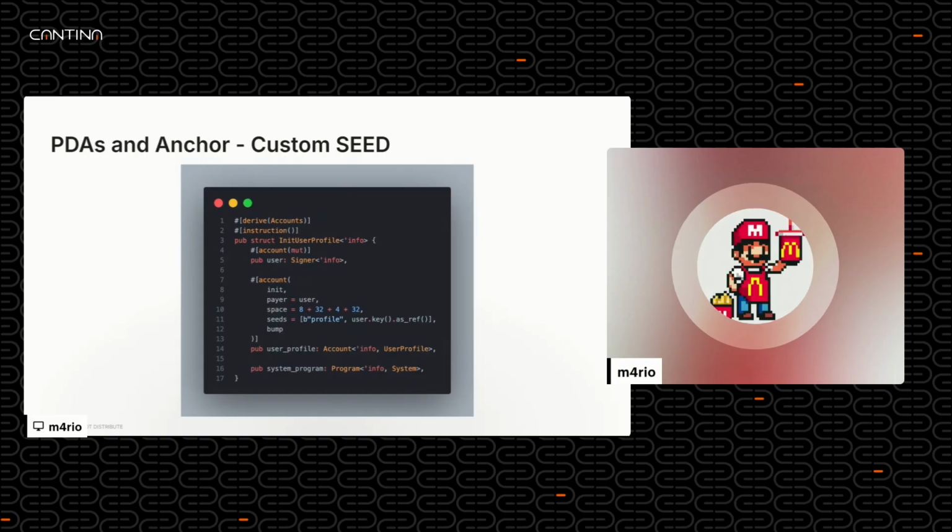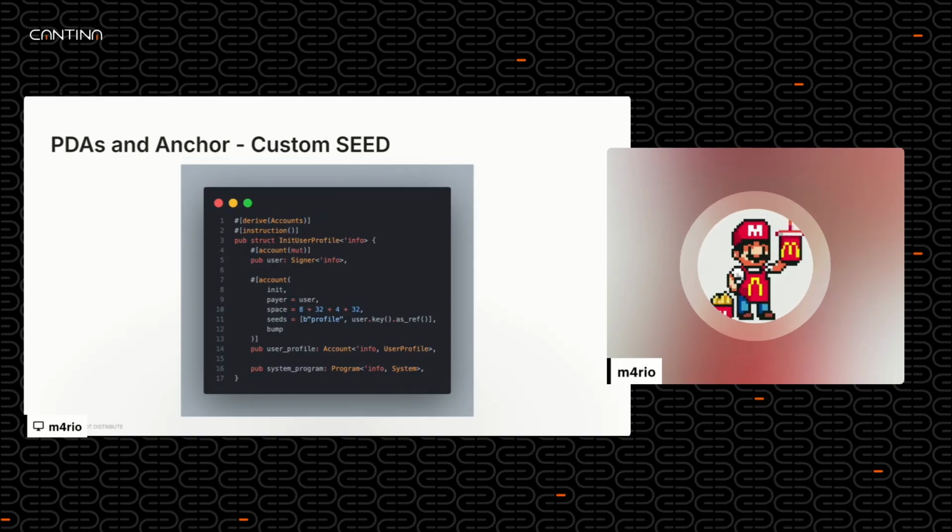They're very important. You can research them a bit more. There are a lot of things about how to save the bump and make sure that you cache it, so you can always derive the PDA safely. But I'm not going to talk about that right now.